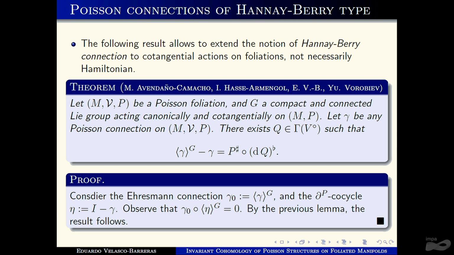So here, we just have to apply the previous result to the average connection and the cocycle induced by the Poisson connection. So here we have shown that on any cotangential and canonical action, not necessarily locally Hamiltonian, we have a connection of Hannay-Berry type associated with this action.